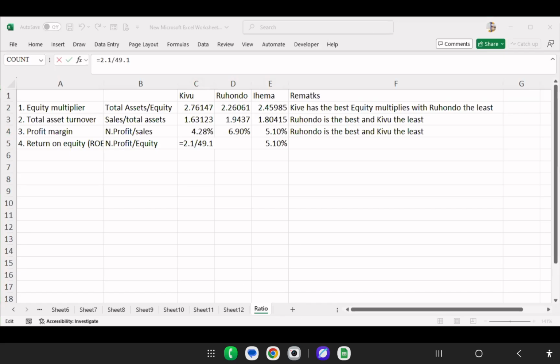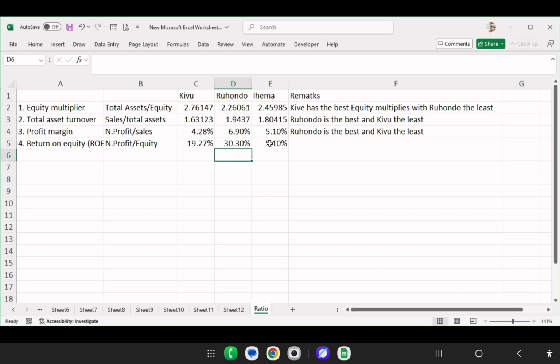Shareholders equity 10.9. I come to the second one, 16.5.